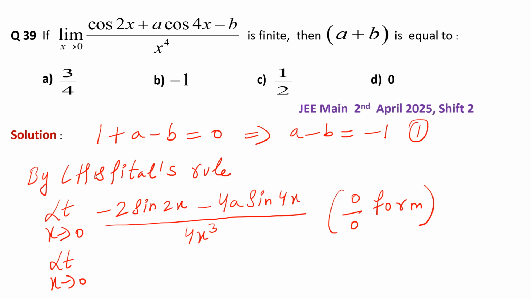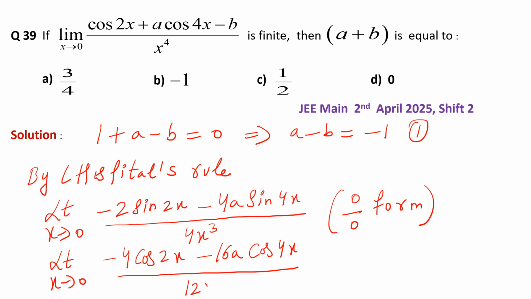Now we get limit x tends to 0 of (-4 cos 2x - 16a cos 4x) divided by 12x square. Now students, when I put x as 0 in this limit, the denominator approaches 0.